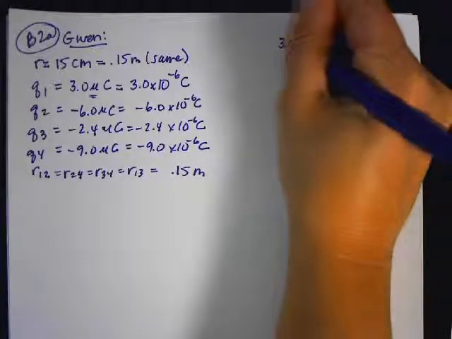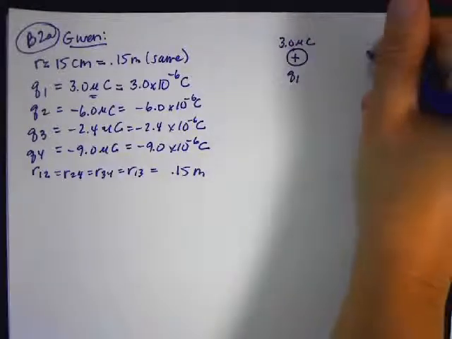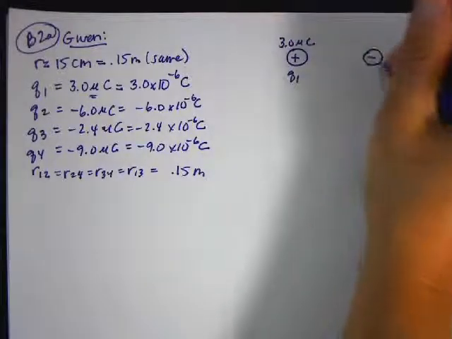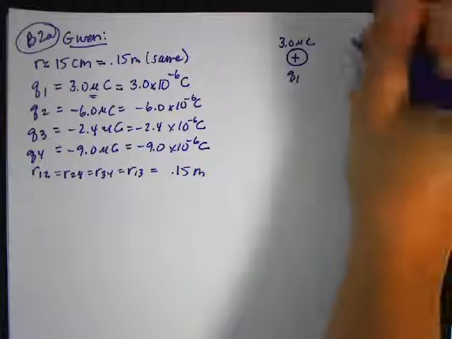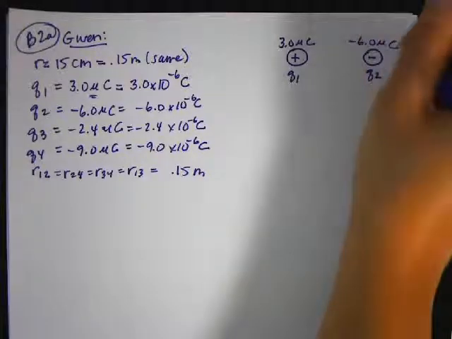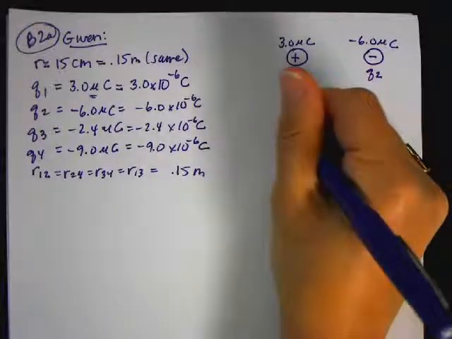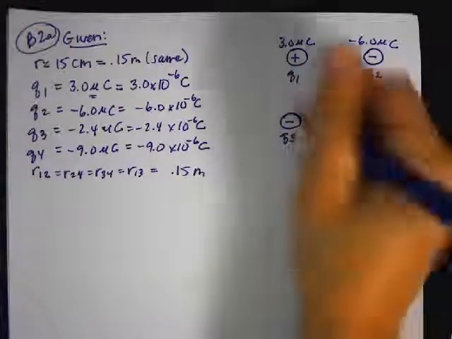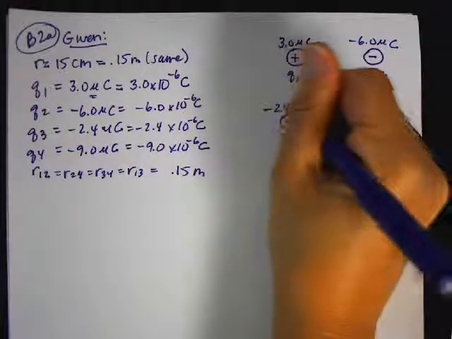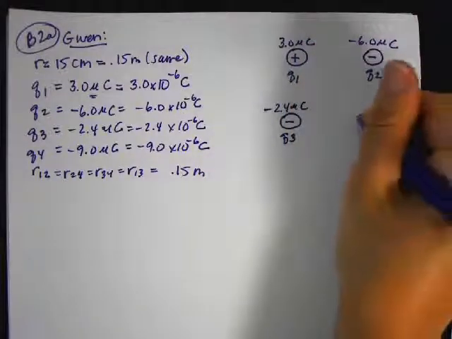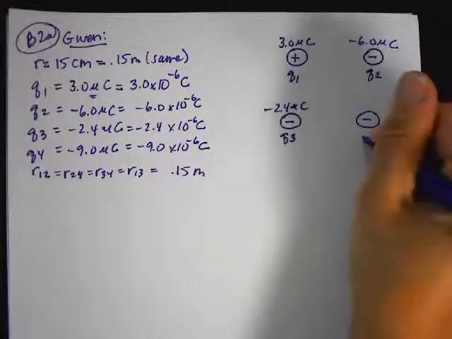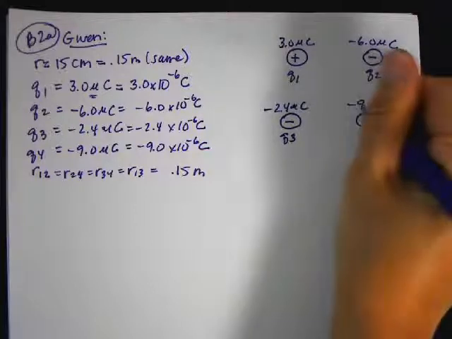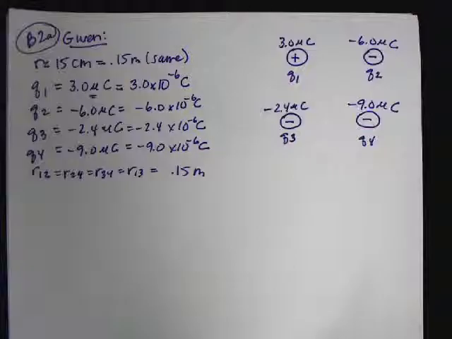Then over here, this is Q2, and this is -6 microcoulombs. Then this is Q3, and this is -2.4 microcoulombs. And then over here, this is Q4, and this is -9 microcoulombs.